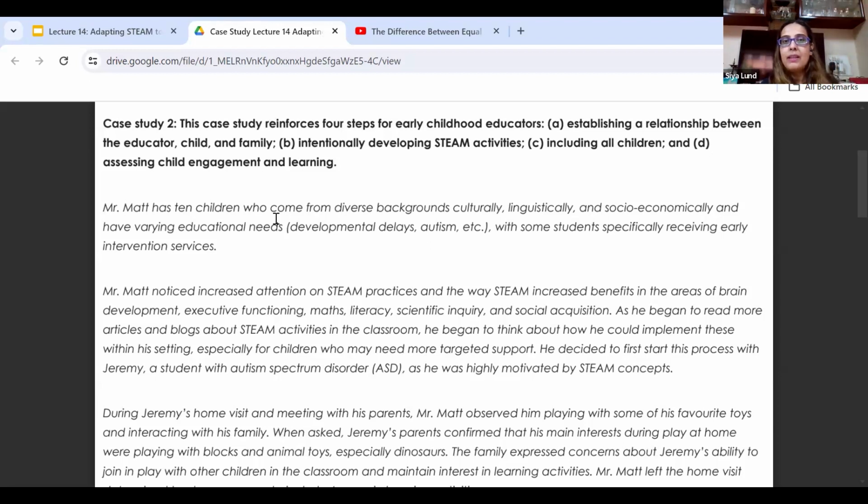It is built into the curriculum that the educator is required to visit the home of the child to understand the way the child is at home, so that they can bring that information back to school, cater to the child's needs, and design the learning according to what the child will learn best.